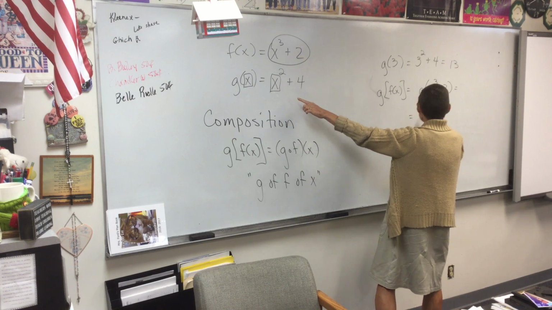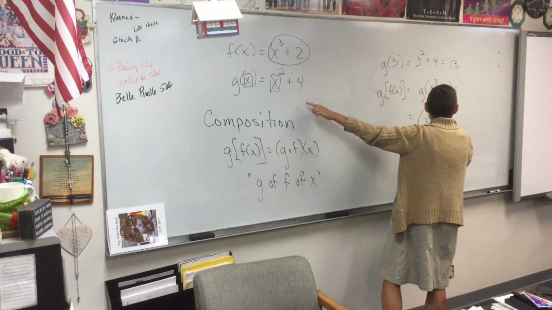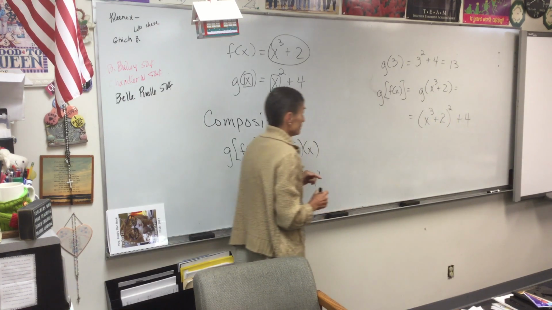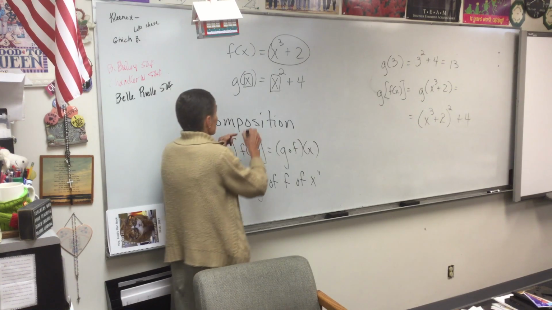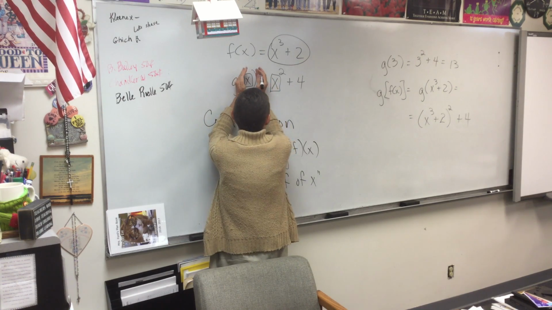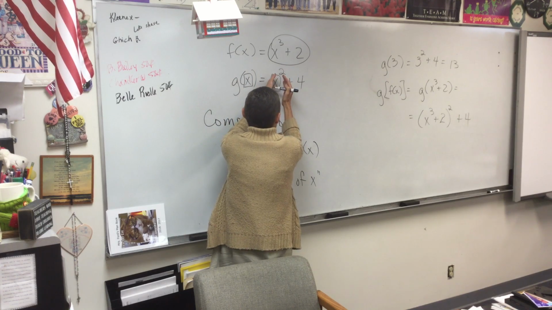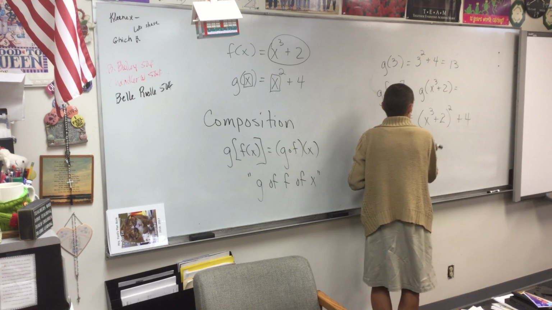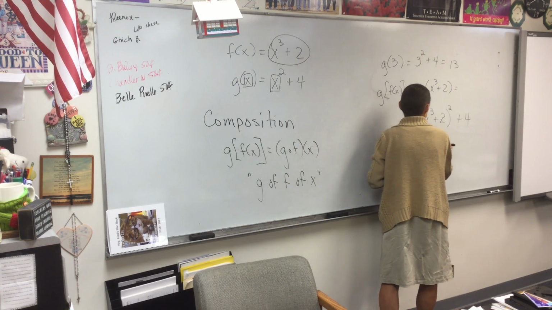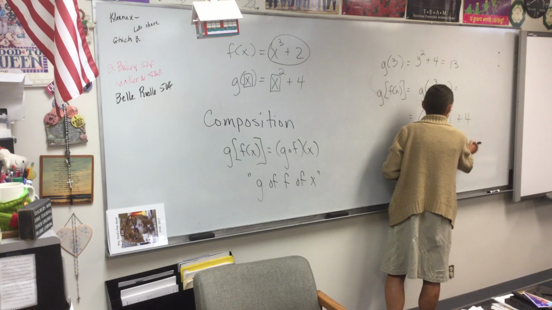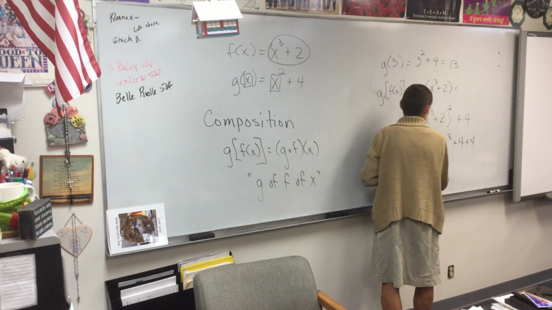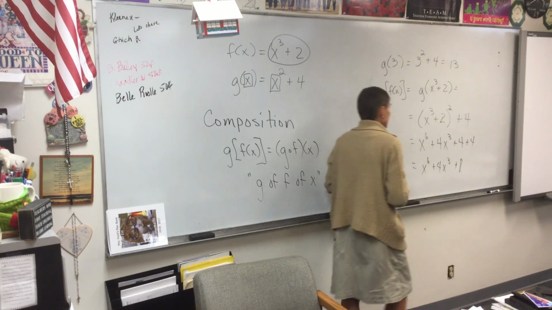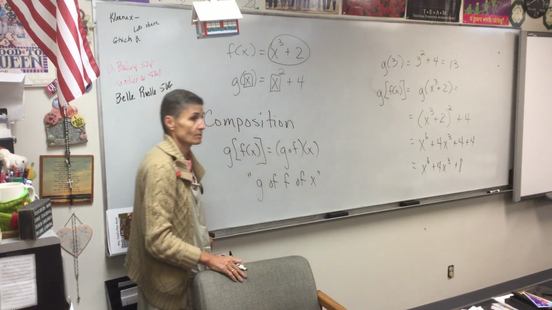So we take out the x and put in x cubed plus 2. So g of x cubed plus 2 is x cubed plus 2 squared plus 4. So that's a FOIL. And so x to the 6th plus 4x cubed plus 8 is our final answer.